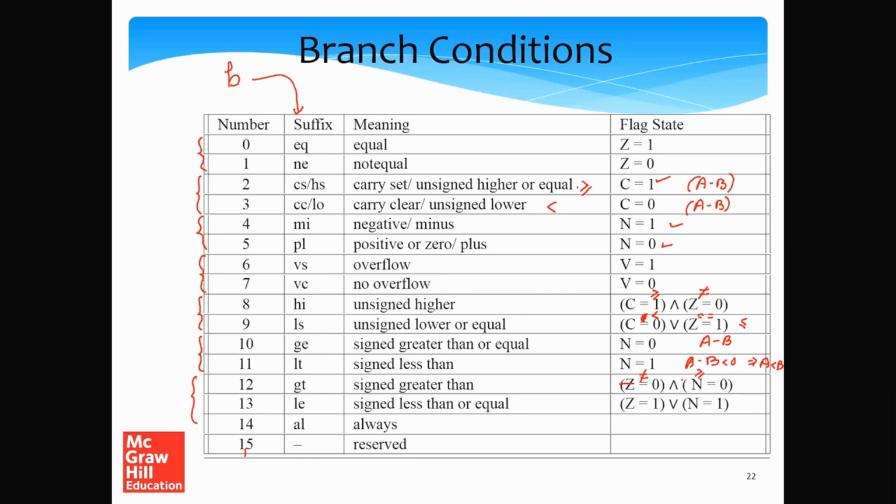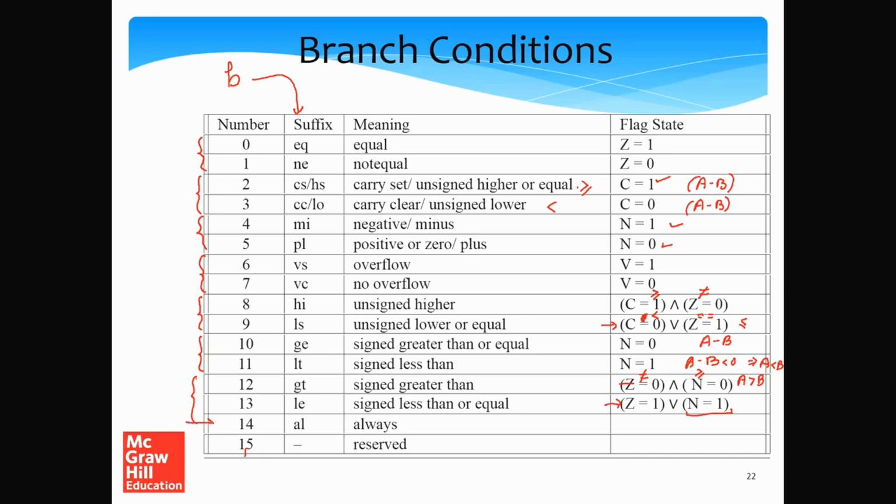The same logic holds: if A is greater than or equal to B and A is not equal to B, then we can automatically infer that A is greater than B. The same logic holds for signed less than or equal. If you consider this expression and this expression, they are equivalent. The Z flag needs to be 1, which means either there is equality or there is less than. And this is the condition for unsigned less than, and this is the condition for signed less than.